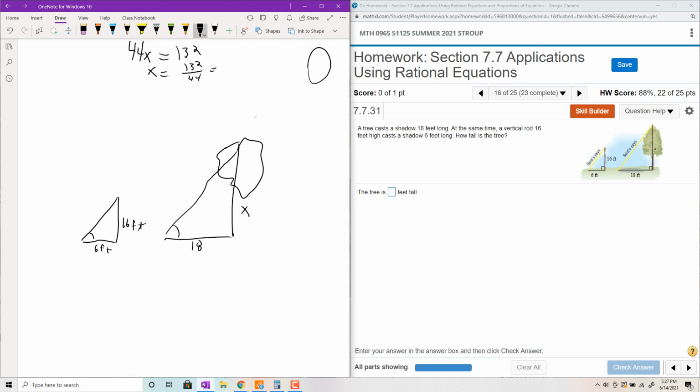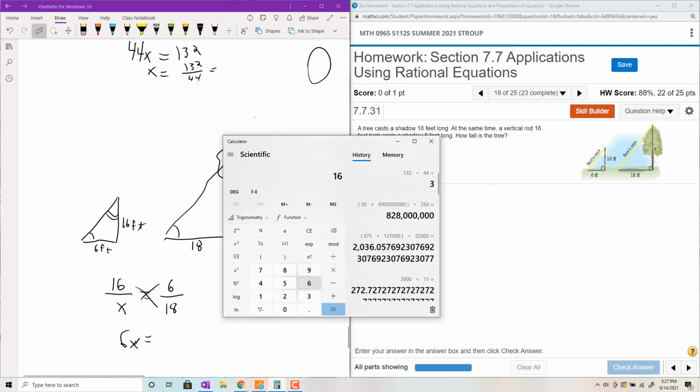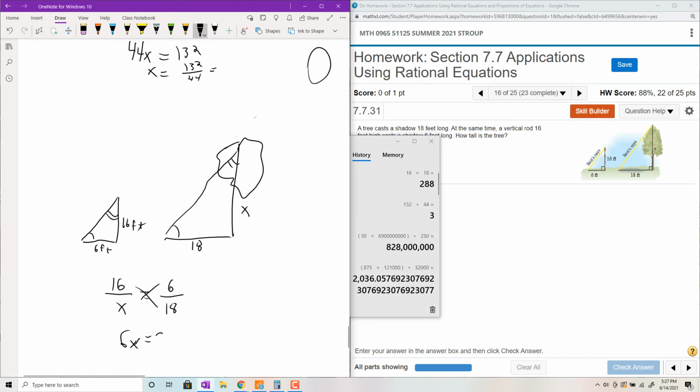this angle, we can get 6 on the top and x on the bottom. And then the sides corresponding to this angle. The small one is 6, the bigger one is 18. Okay. Cross multiply, 6x equals 6 times 18, whatever that is. 108, and then divide by 6.